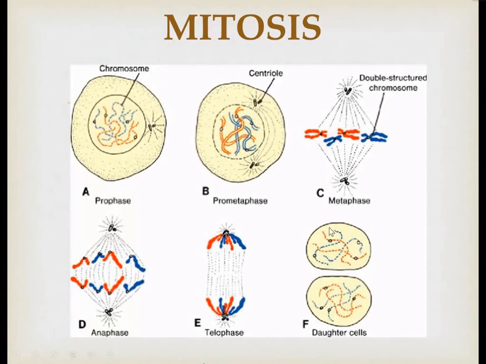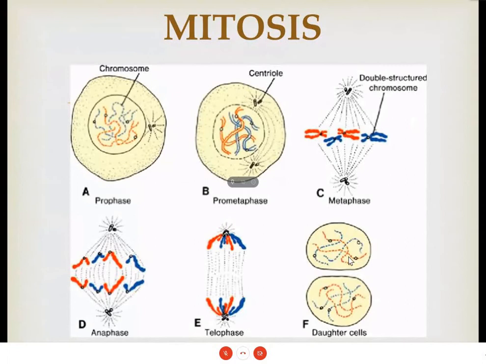The nuclear membrane will appear, the nucleolus will form, and the chromosome will lose its appearance and finally turn into the thin thread-like structure. So the chromosome will regain its form. So this is all about mitosis.